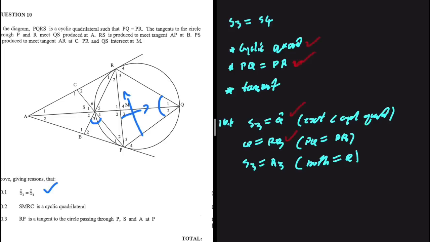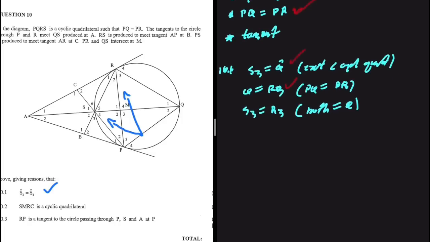Let's pay our attention to the chords before we move on to any other idea. R3 is subtended by PQ, but PQ is also subtending S4. So S4 is equal to R3 because they are both subtended by our chord PQ. I think the right reason is that they are in the same arc.